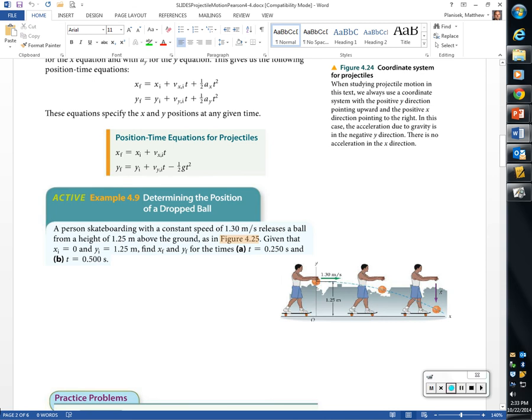gains position at a linear rate because all you've got is t in that equation. So it goes 1 meter, 2 meters, 3 meters, 4 meters, and it always takes the same amount of time to go that extra meter. But in the vertical equation, you have a t squared term.